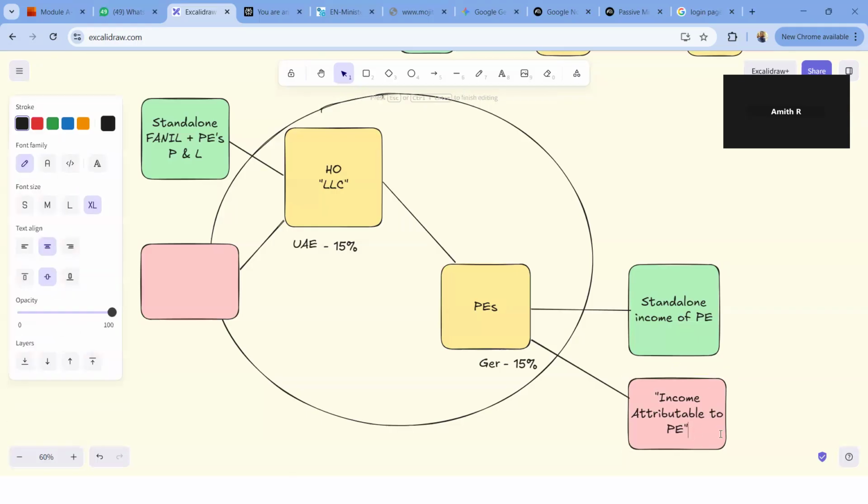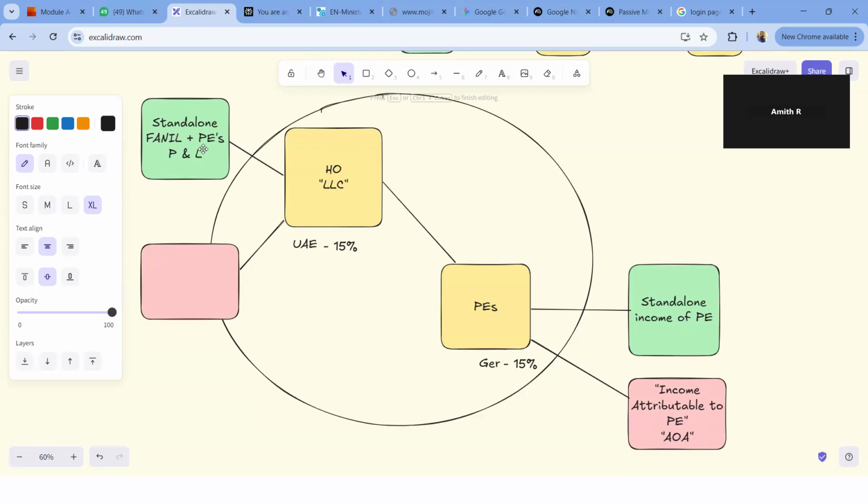And we use something called the Authorized OECD Approach, AOA, to split from the consolidated or combined financial statement what is the income attributable to PE. And on that, we will be paying taxes on this income. Income includes both income and expenses. So after that, we will pay tax on whatever is the profit.